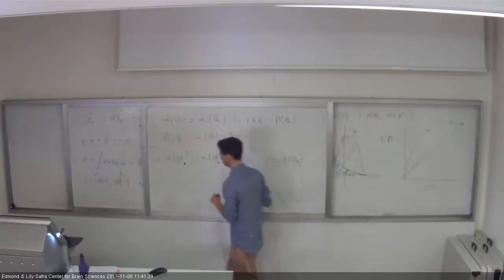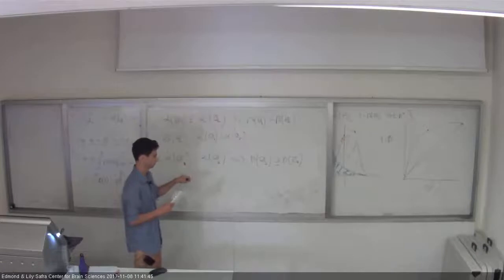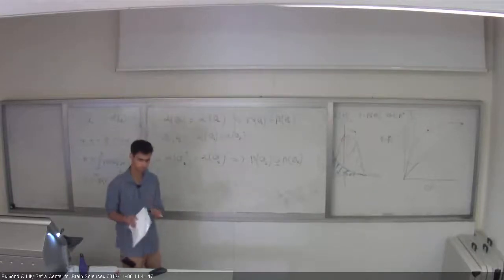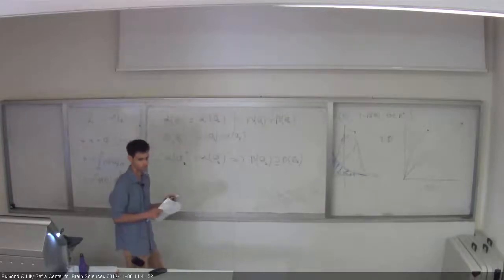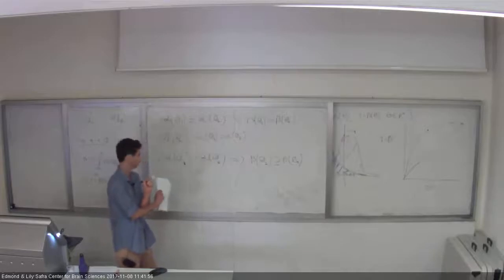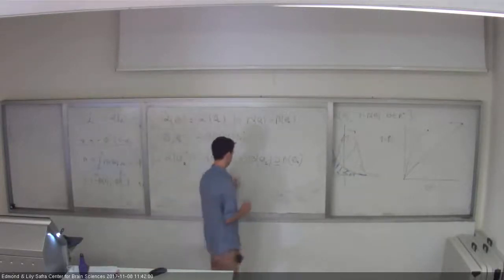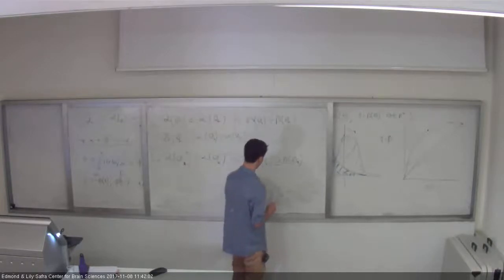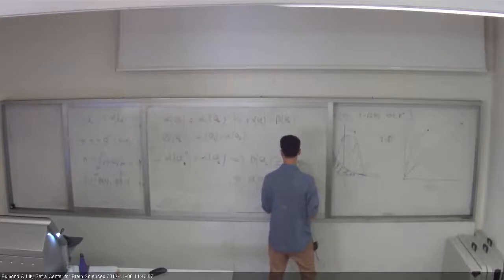This is one direction, and I will apply it twice. We can switch theta 1 and theta 2, and we get that beta of theta 1 is greater or equal to beta of theta 2.